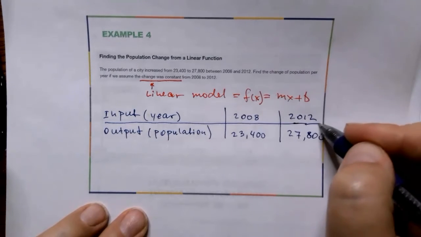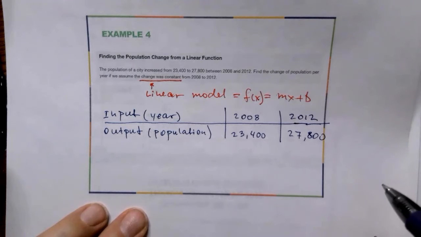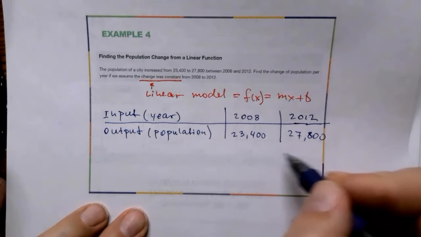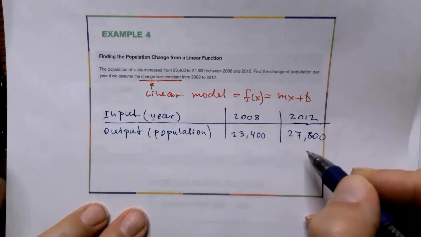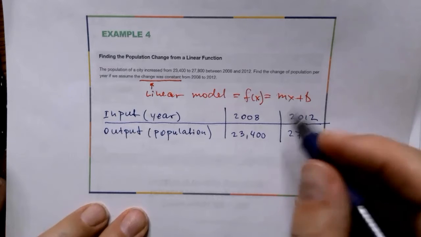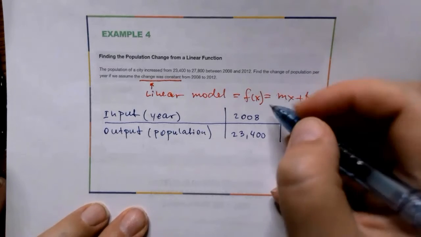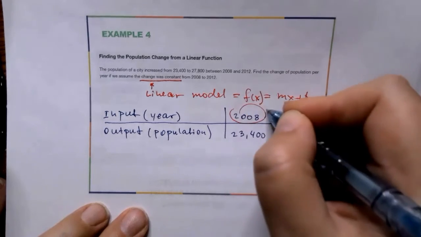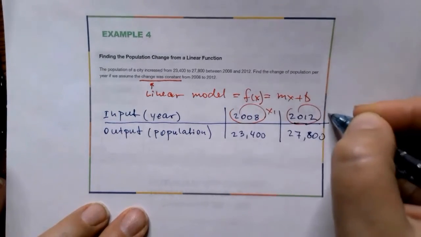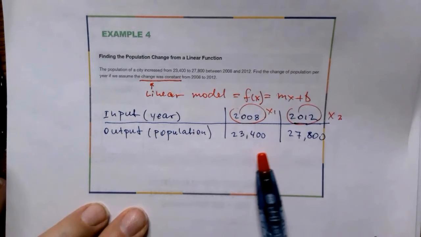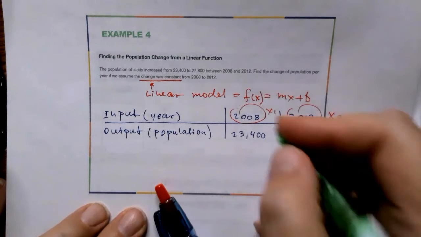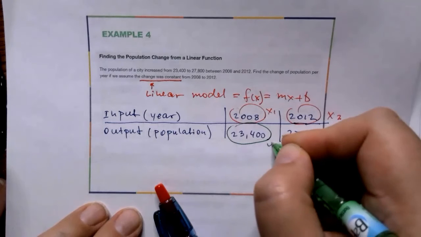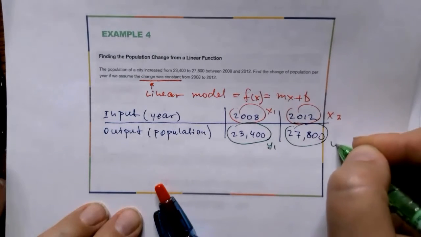So they gave us 2 pairs of values. So those are basically your 2 points, your x, y points. This is x1, this is x2. And this is y1 and this is y2.